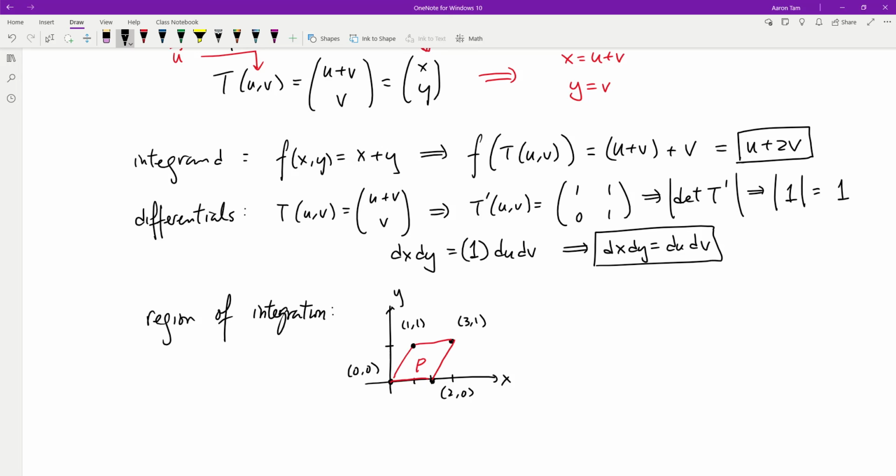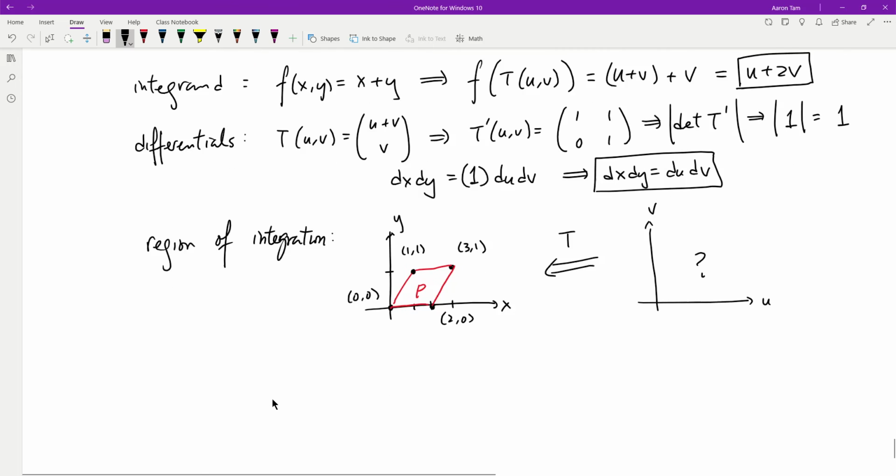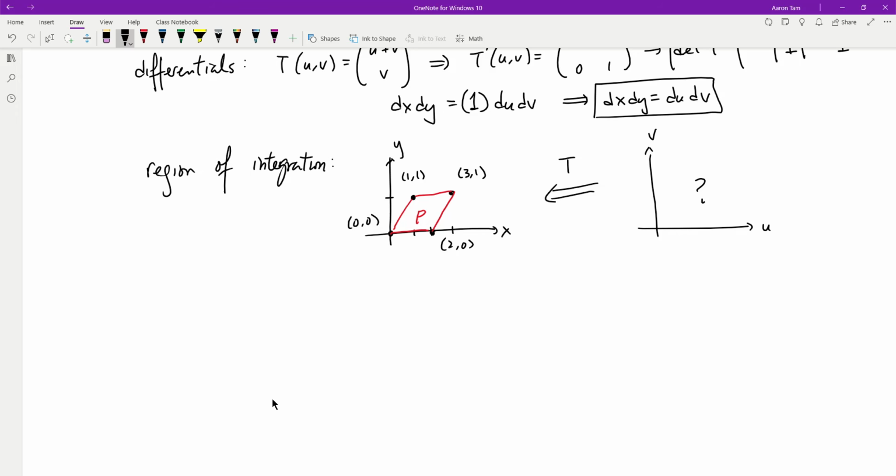What we need to do is figure out what UV shape would actually give me that. That's the issue. So how do we figure it out? In this case, it's not strictly necessary, because I know the transformation is what we call a linear transformation.